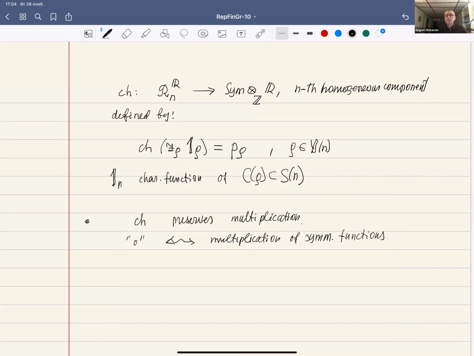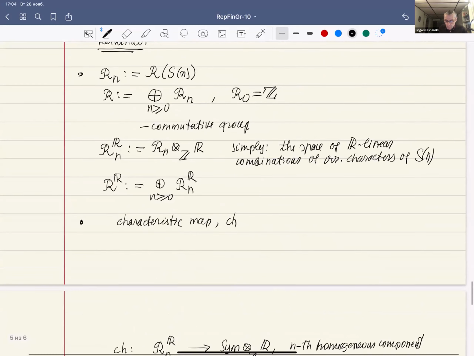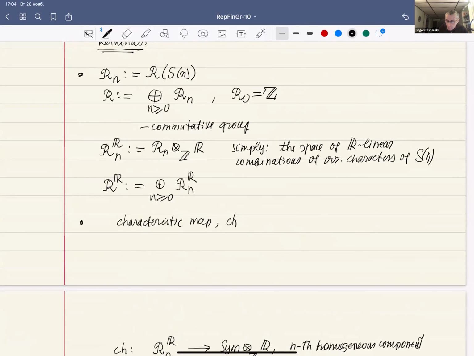So this is an isomorphism of algebras. This is very important. Actually, this algebra, which I denoted by this symbol, which is constructed from central functions with multiplication given by this operation, essentially inducing, is the same, actually.